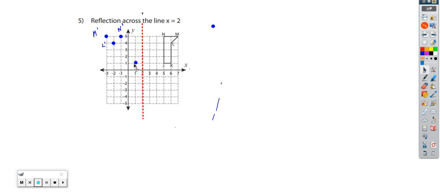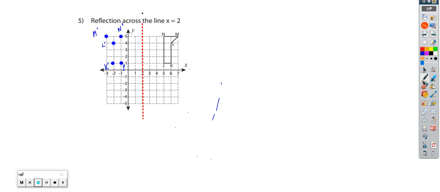So 1, 2, 3. That's going to be J prime. And then K is just 1 away from that, and that is K prime.